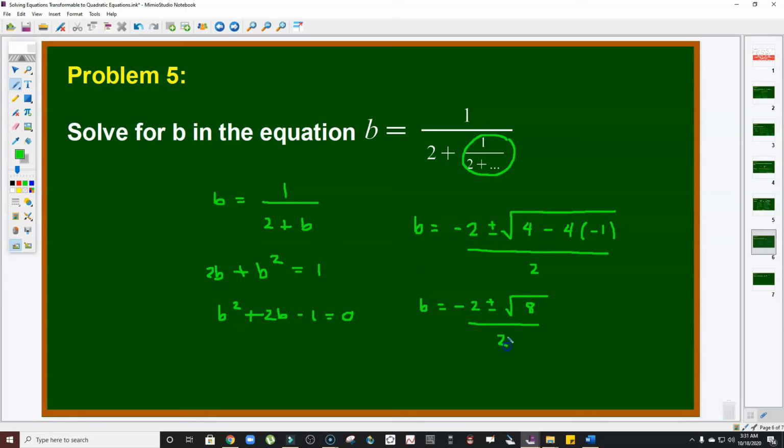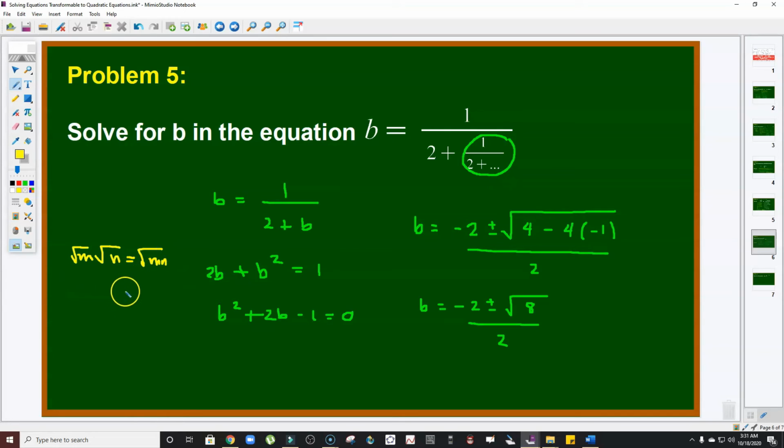All over 2. But take note, if you watch my previous video, I emphasized this: the square root of m times the square root of n is the same as the square root of mn. I emphasized that in my previous video.